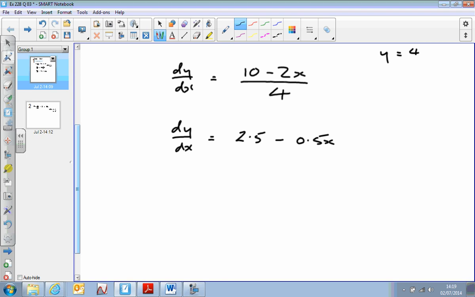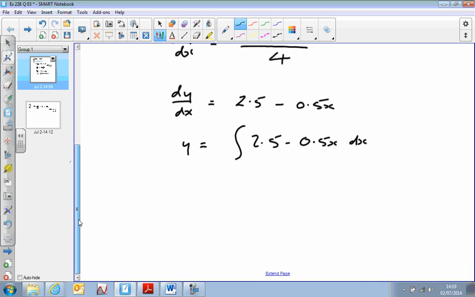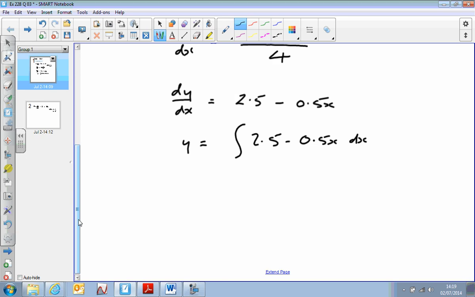Integrating dy, I get y. And then I've got to integrate 2.5 minus 0.5x with respect to x. So doing that, I get y equals, for the 2.5, the x reappears to get 2.5x.